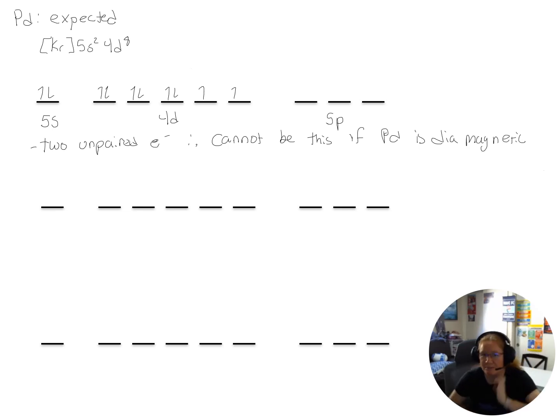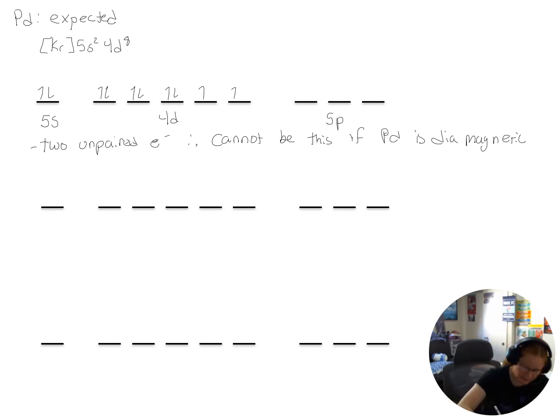So what could palladium be if it's diamagnetic? Because this picture here would be paramagnetic. Given that I need 10 electrons past krypton, what could I have that would give me a diamagnetic sample?